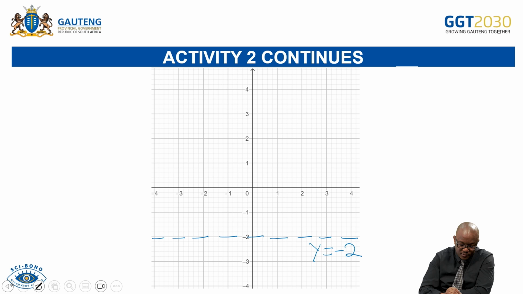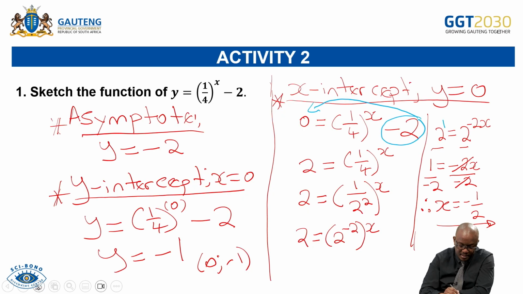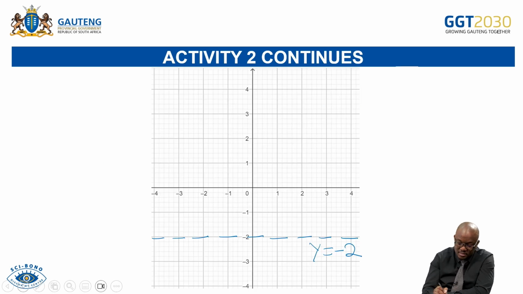Then we go back and look for our intercepts. X is negative 1 over 2 and y is negative 1. Remember, the point there is 0 and negative 1. On the other side is negative 1 over 2 and 0. Those are the 2 points there.